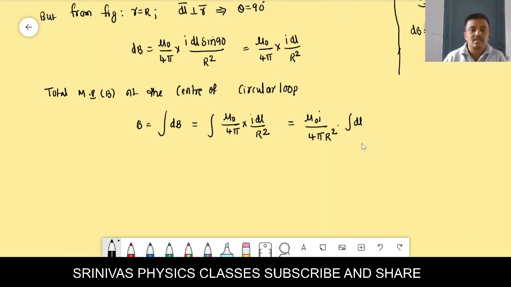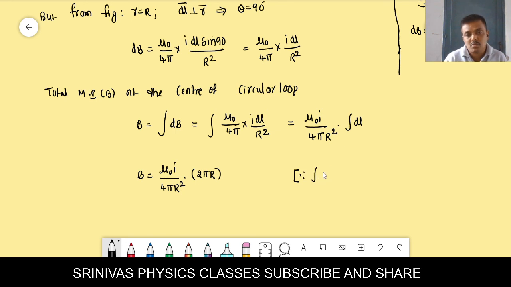Let's go for the next step. B is equal to mu naught I by 4 pi R square into integration dl. What is integration dl? 2 pi R? Is it correct? Yes or no?